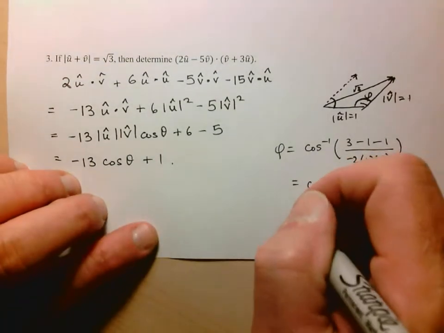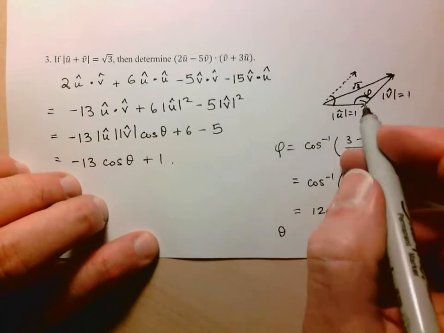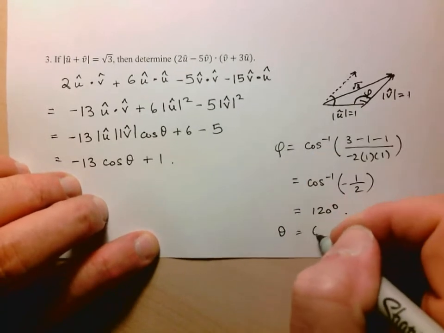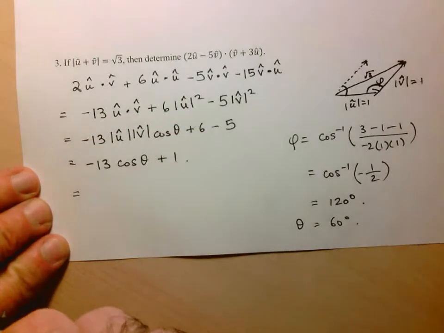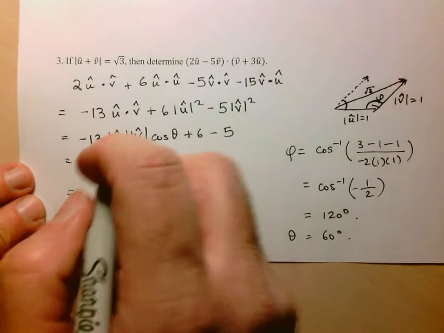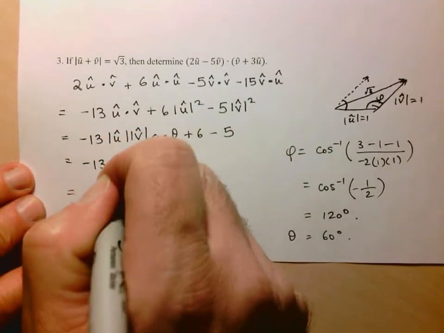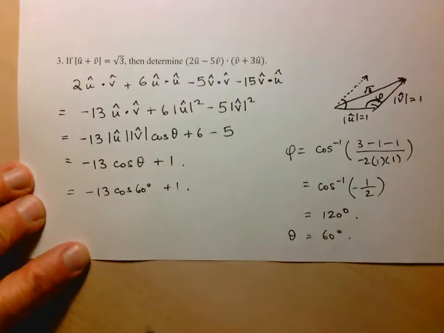So there's 120 degrees, but of course theta then is just going to be the supplementary angle, so that's 60, and so now I can stick this into my expression, so negative 13 times cos of 60 degrees plus 1.